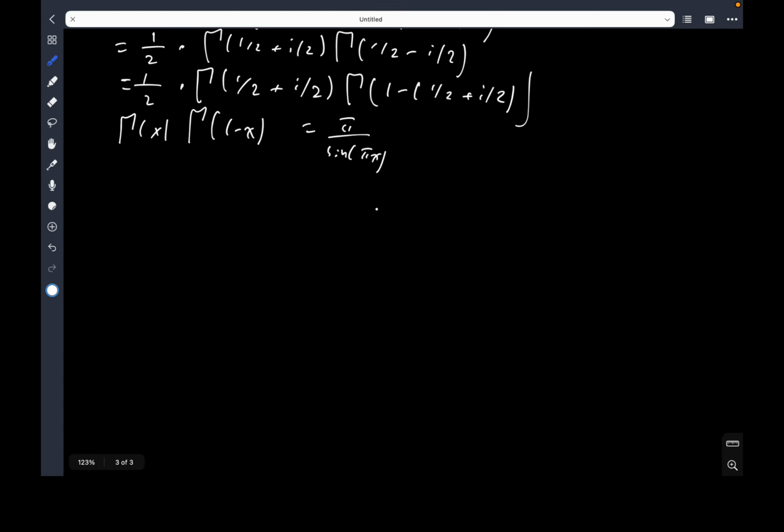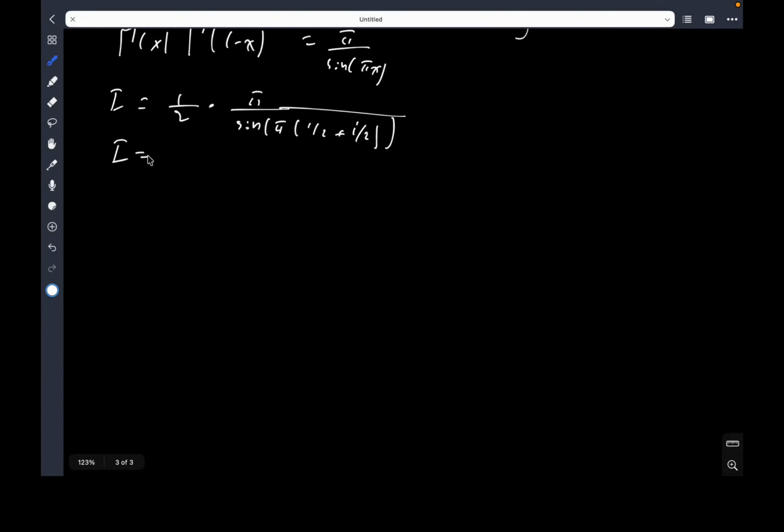Using this identity, I am going to get the integral to be half multiplied by pi over sine pi times half plus i over 2. And if I use the compound angle formula, I'm going to get half times pi over cosine pi i over 2.